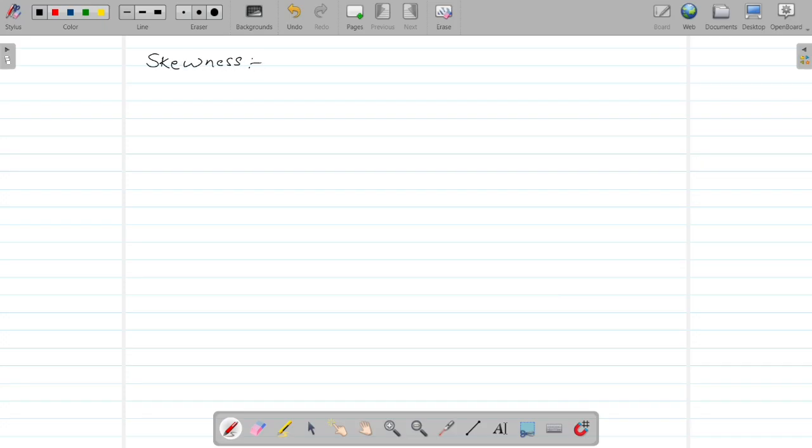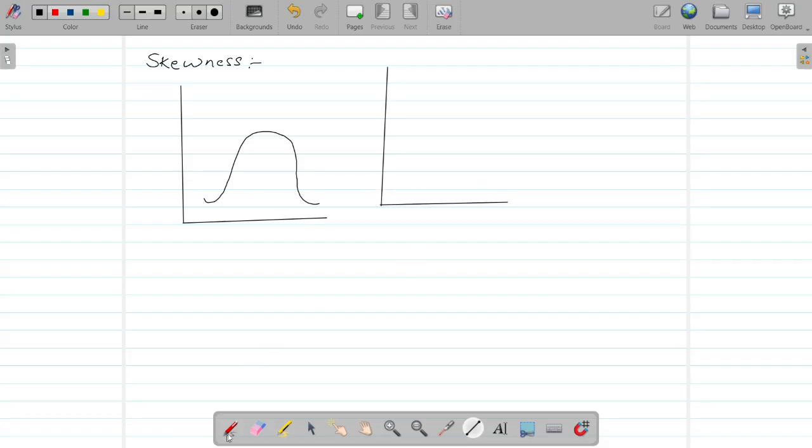Skewness. So what is skewness in the data set? Skewness measures the asymmetry in the data set, right? So when you draw a frequency curve, you have either this kind of shape or maybe more peaked.